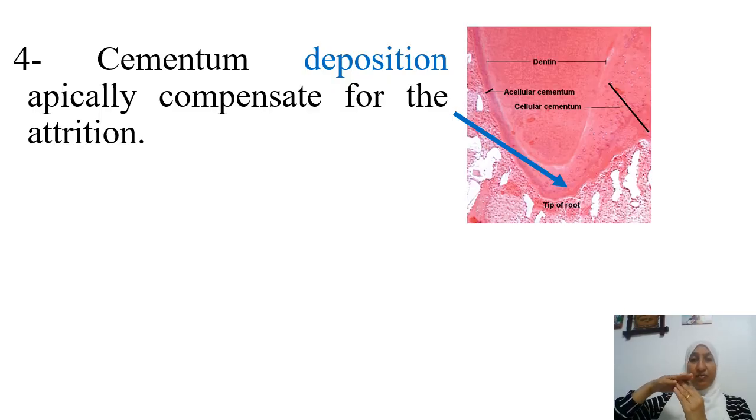During masticatory forces, there will be attrition, and attrition will create a gap between the teeth, which is very difficult to exist because of masticatory forces. Thus, this gap should be closed by continuous eruption of the tooth. This continuous eruption to compensate for attrition should be compensated apically by continuous formation of cementum.